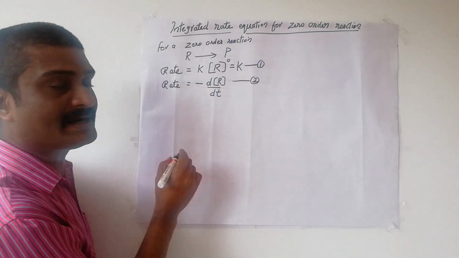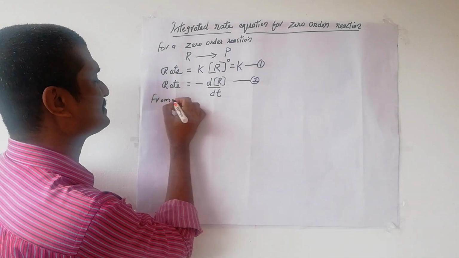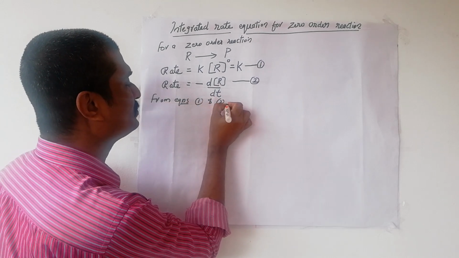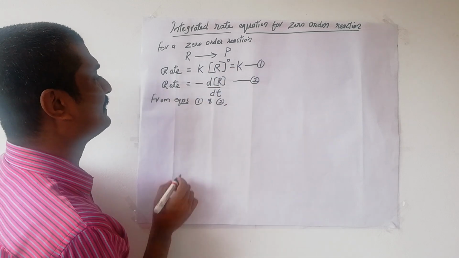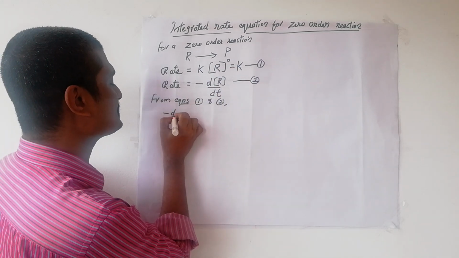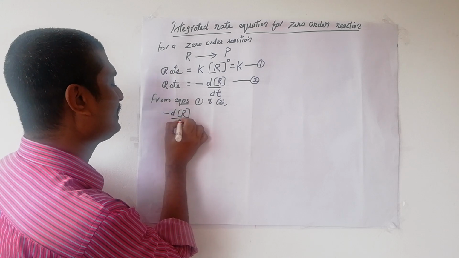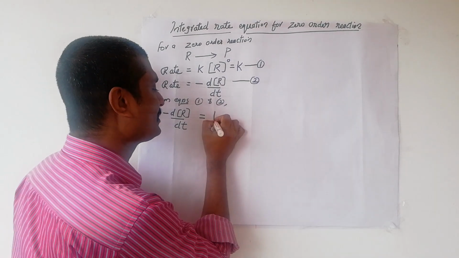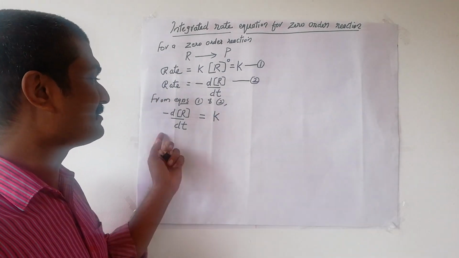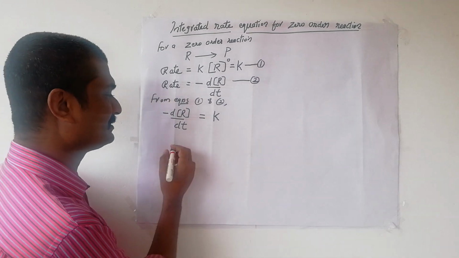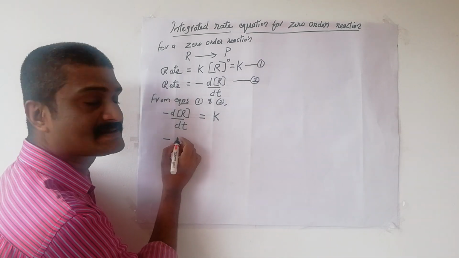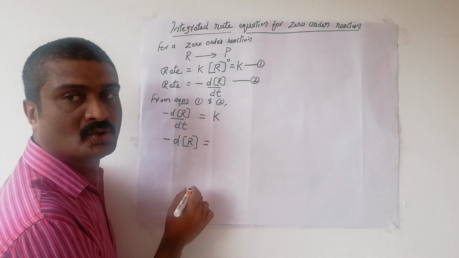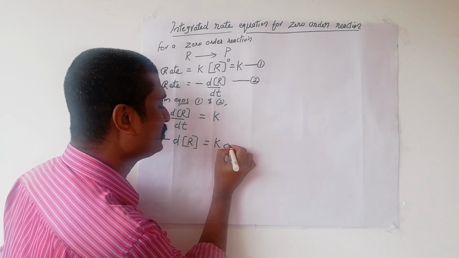From equations 1 and 2, we can say minus dR by dt is equal to the rate constant K. We can rearrange the terms, then we get minus dR equal to K into dt.